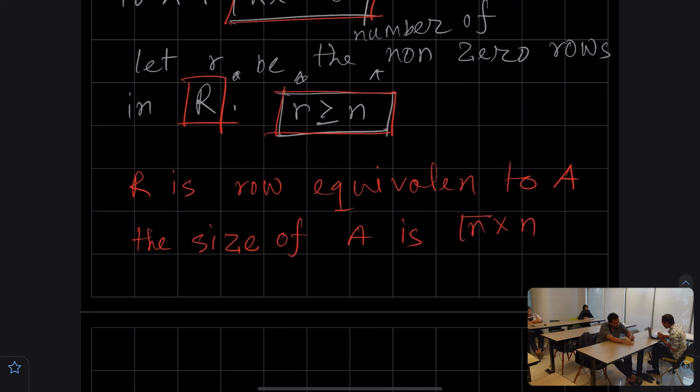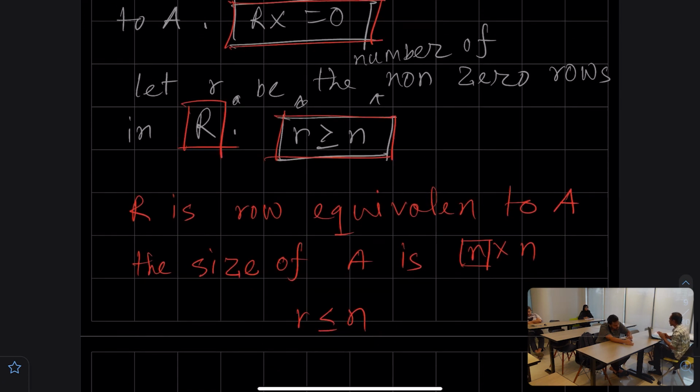So r has to be less than or equal to n. Is that clear to you?